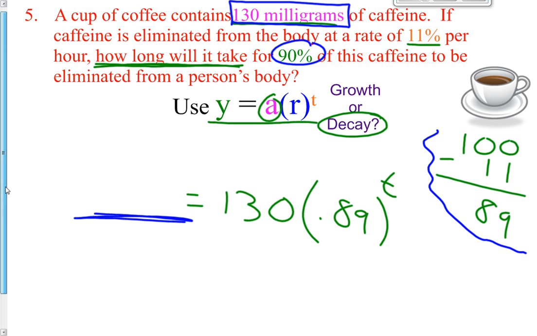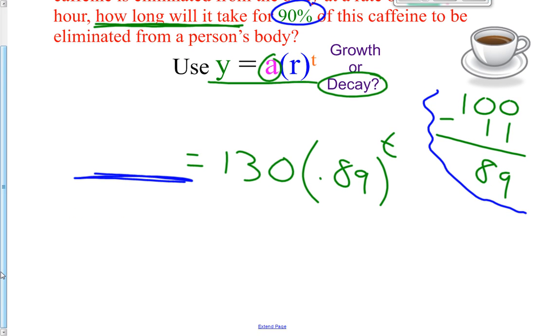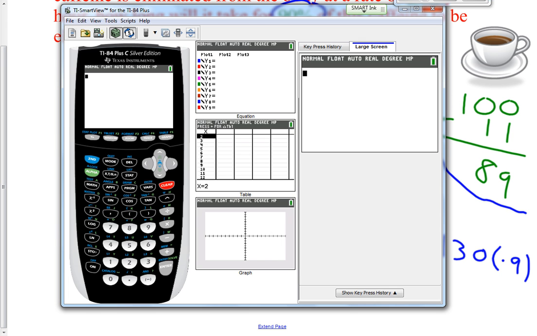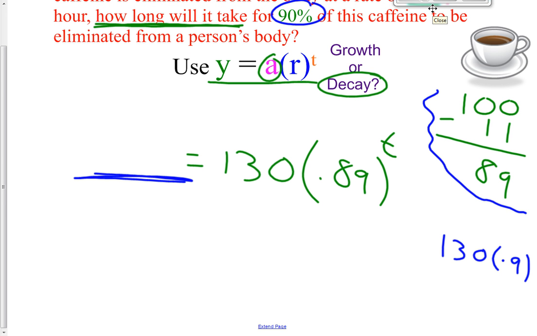So what is 130 multiplied by 0.9? 130 times 0.9 is 117. So when will 117 milligrams be eliminated from the body?